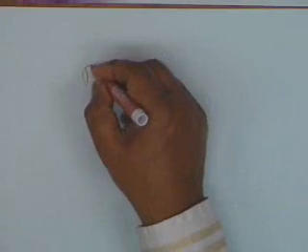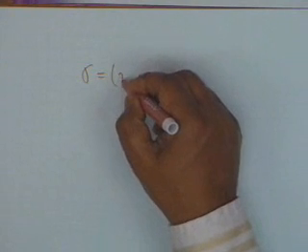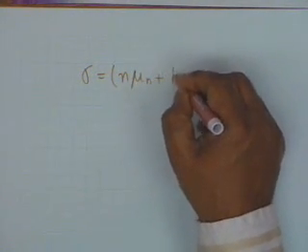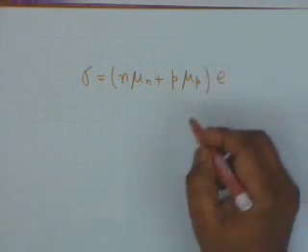And if you wish to calculate the conductivity, that is sigma of the doped semiconductor, normally this is given by (n mu_n plus p mu_p) times e.